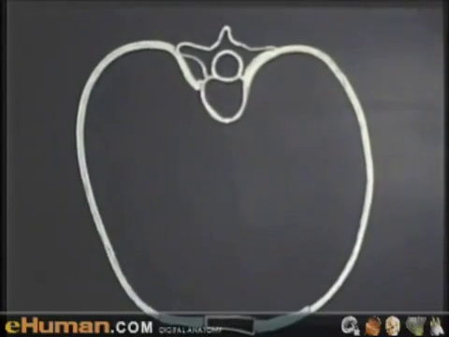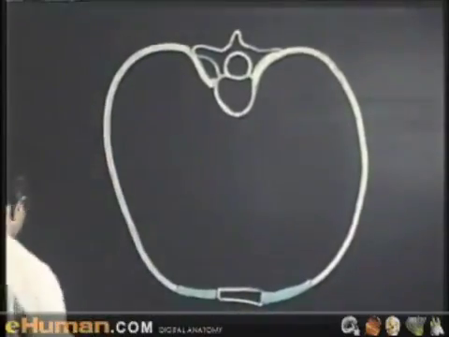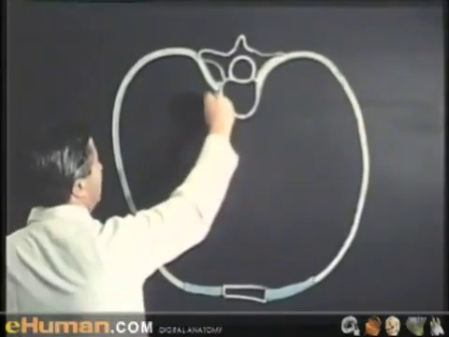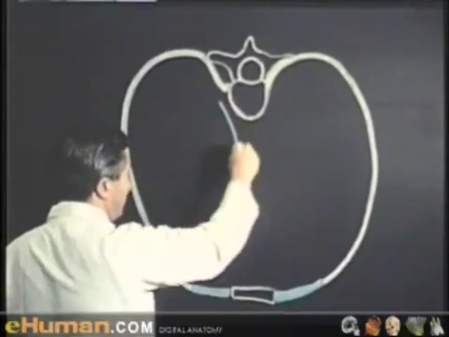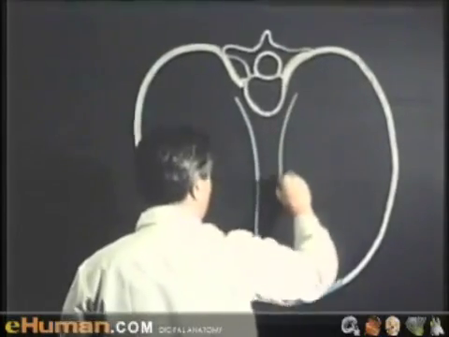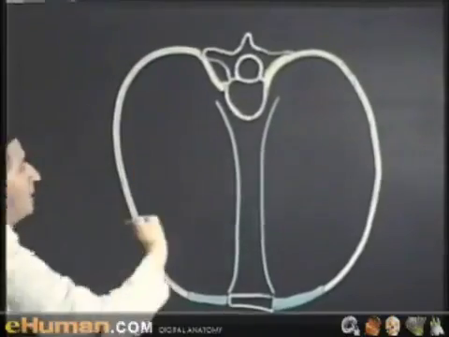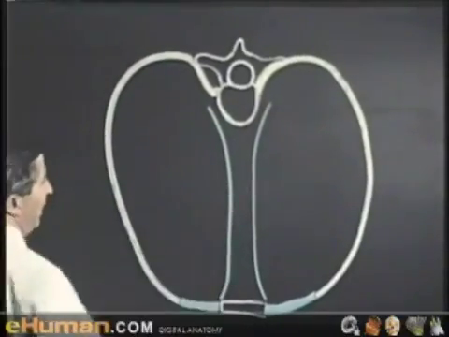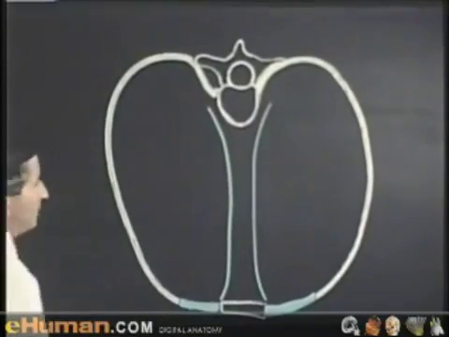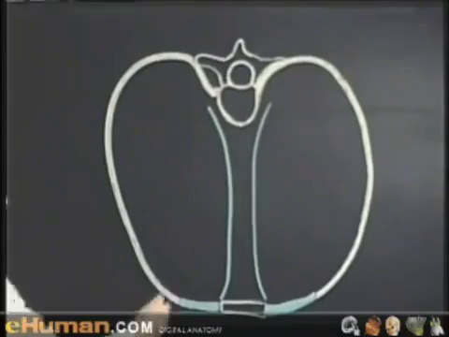Now we find that the cavity of the thorax is in fact divided into two by means of a partition, which is referred to as the mediastinum. This is a partition which extends from the inlet of the thorax above to the outlet below and separates these two pulmonary chambers in which will lie the pleural cavities and the lungs.